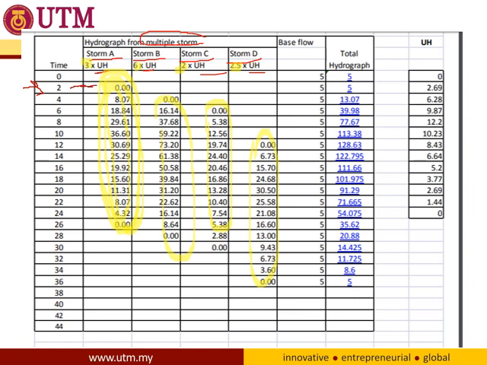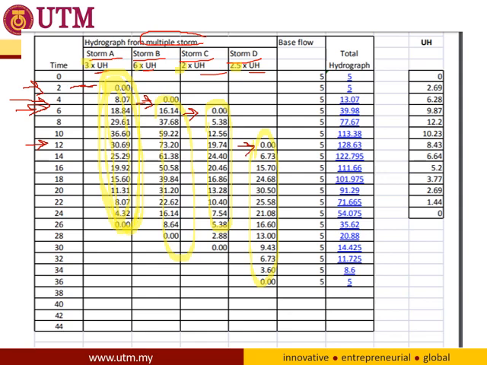Storm B starts at the 4th hour, so it starts here at the 4th hour. Storm C starts at the 6th hour, and storm D starts at the 12th hour. So this is starting from the 12th hour.